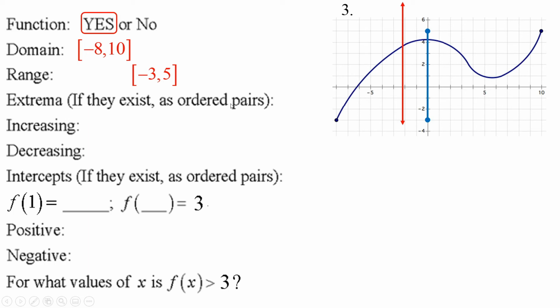Now extrema. Well, I can almost see the y coordinates of my extrema based upon the range here. The minimum y value is -3 and the maximum y value is 5. But I need to write these extrema as ordered pairs. So this point right here, that's the lowest point on this graph. That's the minimum value. As an ordered pair, the x coordinate is -8 and the y coordinate is -3.